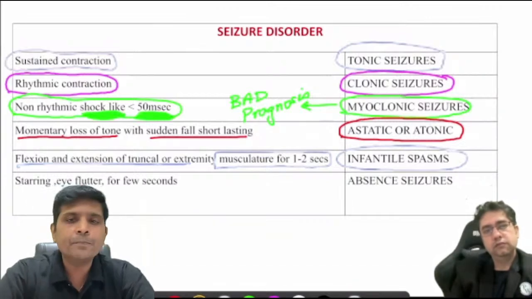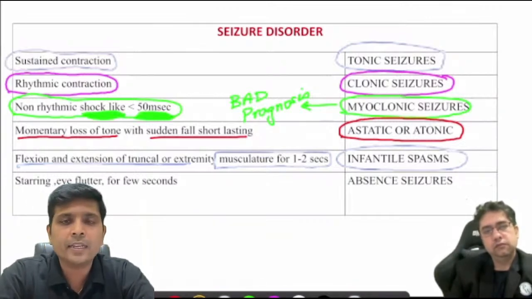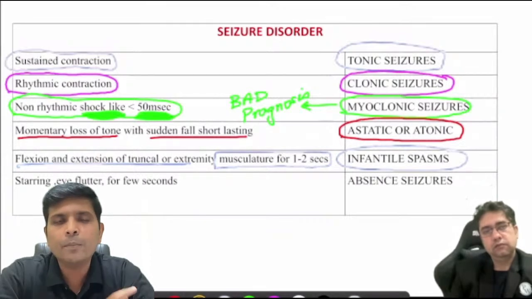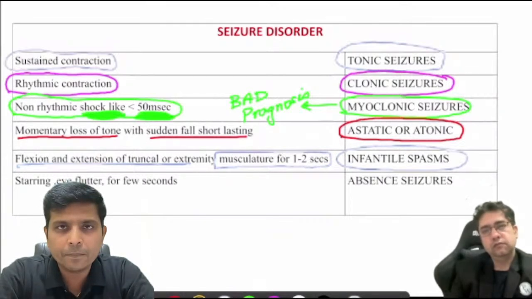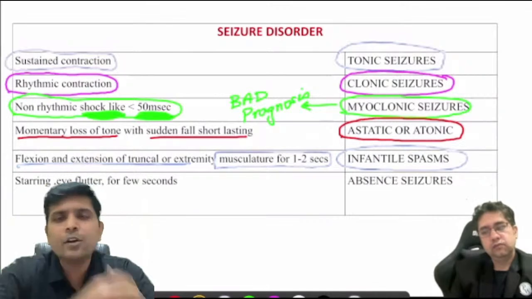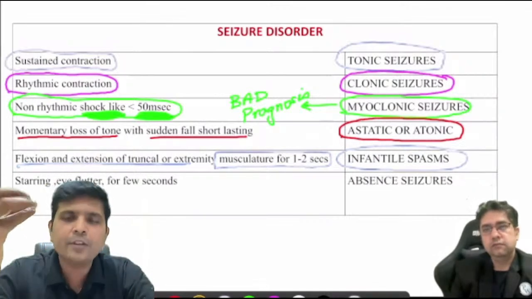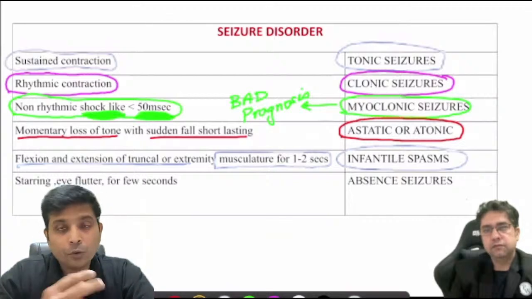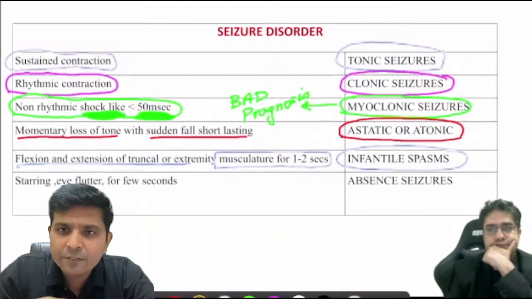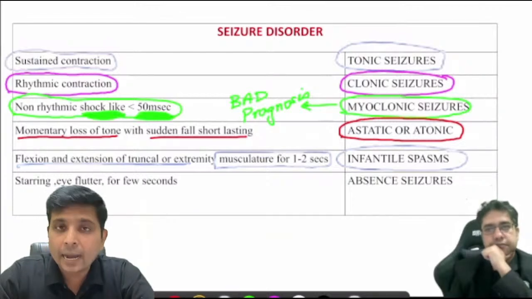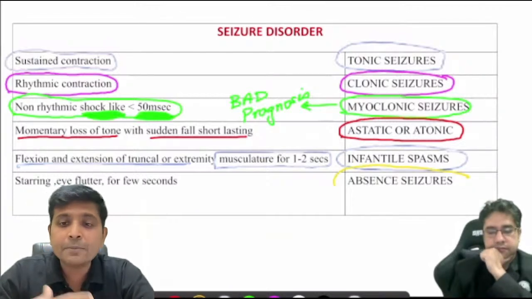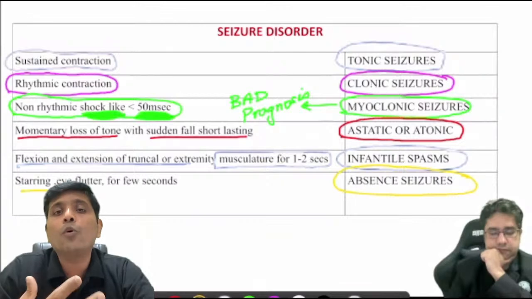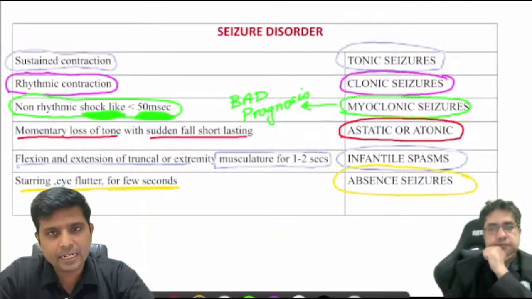And finally, you keep on speaking and then you shut your speech momentarily for about a second. Or you blink often, which lasts for 5 to 10 seconds. This staring, eye fluttering, lasting for a few seconds is called absence seizures. Absence seizures are usually provoked by hyperventilation.